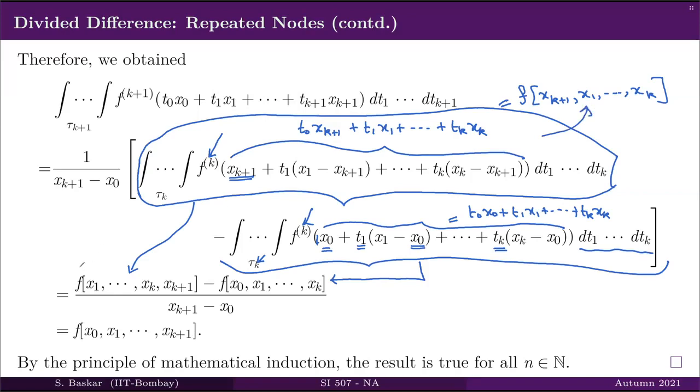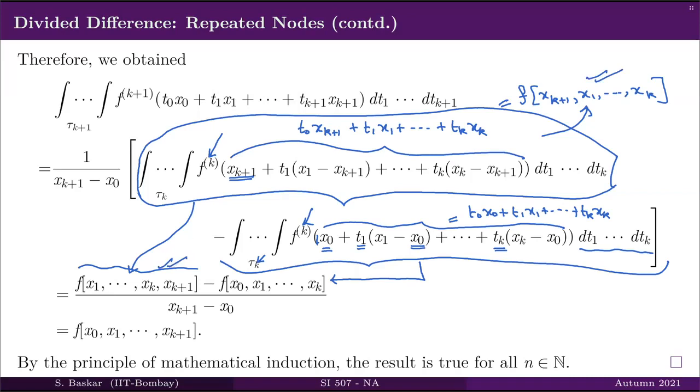Why am I writing here a different form? Well, that is not very difficult to see because the divided difference of f is actually symmetric, right? Therefore, I can always write this, which the Genocchi formula gave, as this because of the symmetry of the divided difference.